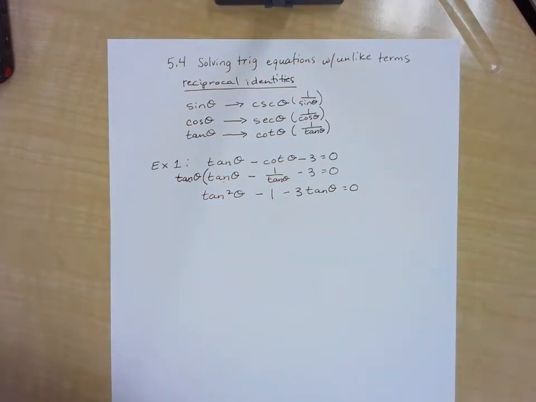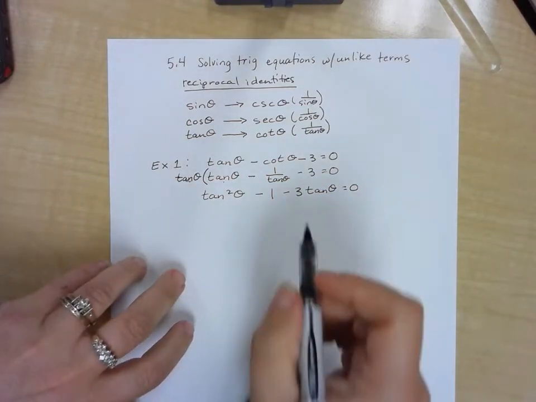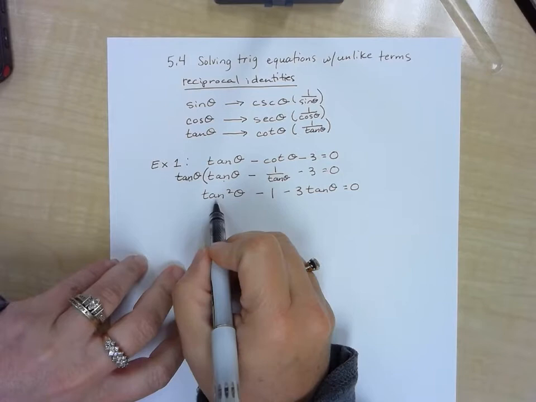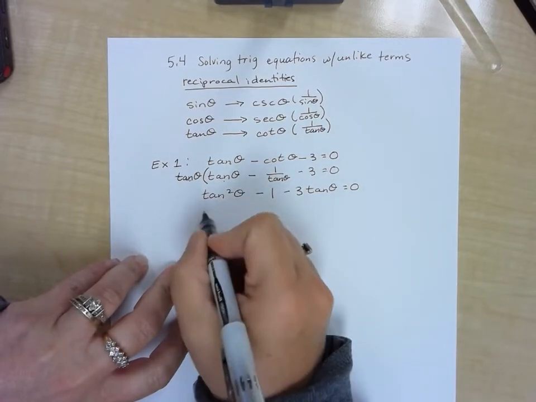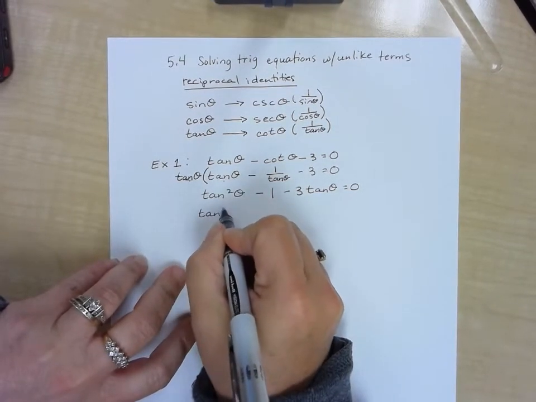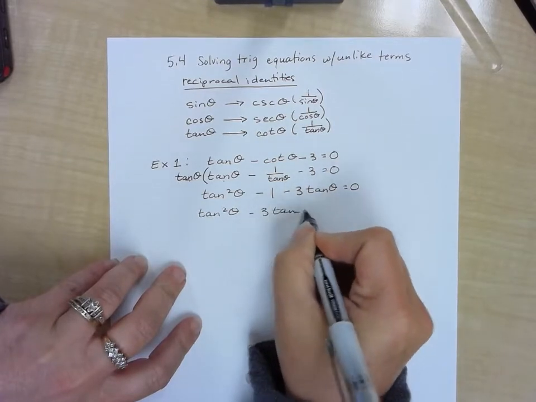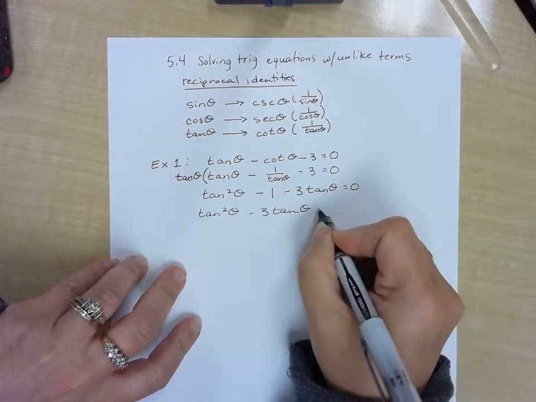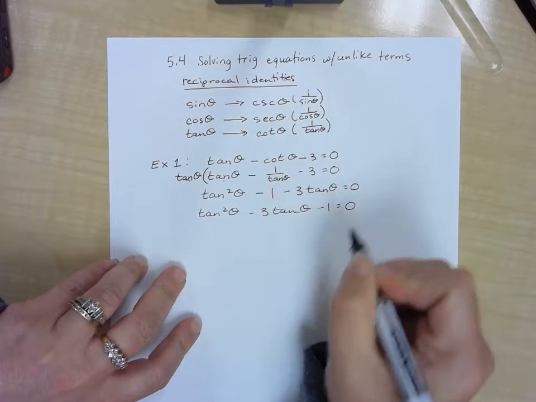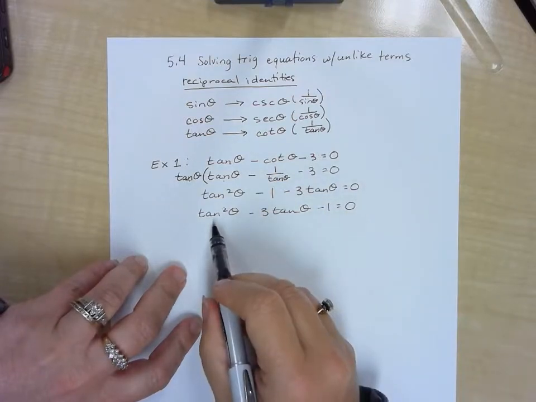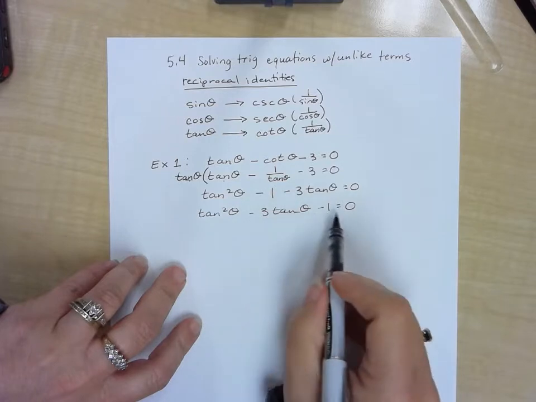Next step should be to reorder the equation and put it in descending order. So tan squared theta minus 3 tan theta minus 1 equals 0. Because I'm pretty adept at working through these, I can look at that and recognize this is not a factorable quadratic.